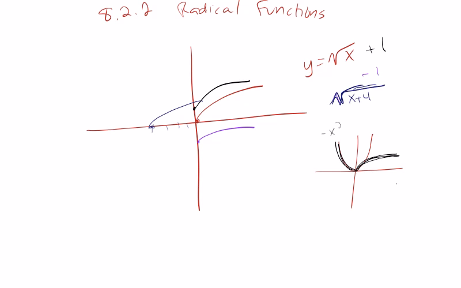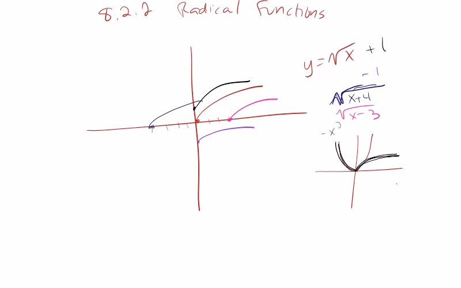If we do the square root of x minus 3, then it's going to move to the right 3. And then any combination of those.